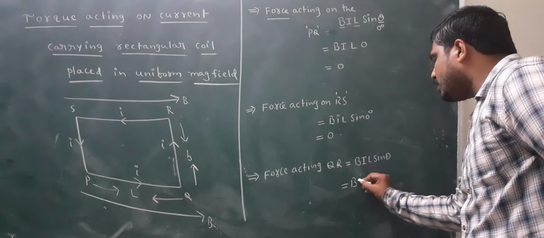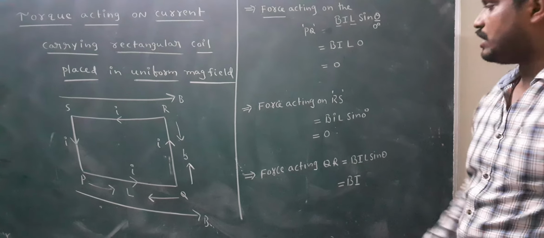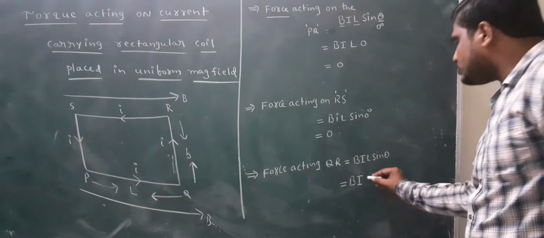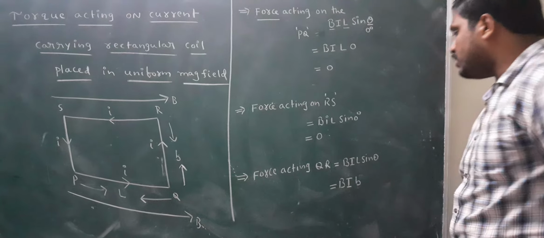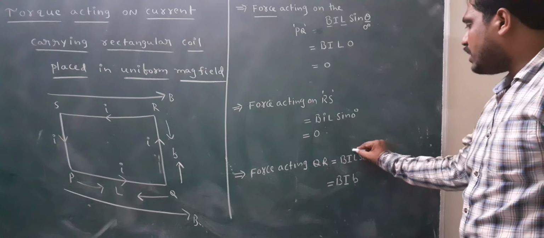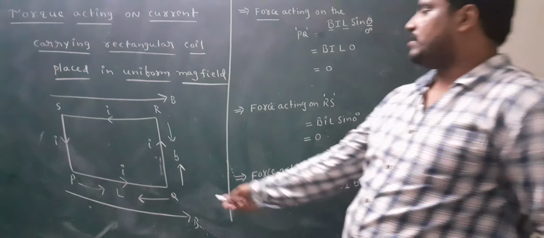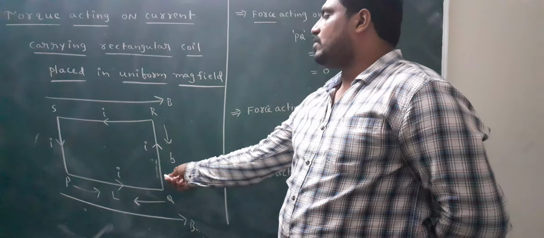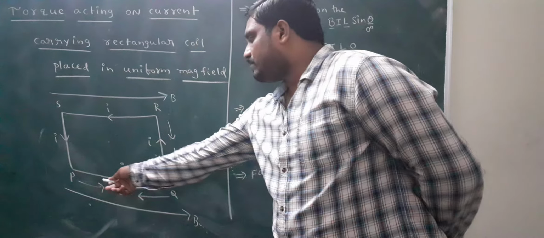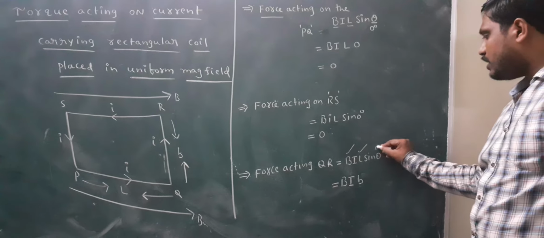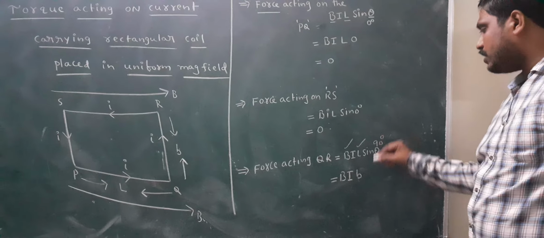Here B, I, and the length of QR is B, so L is written as B. Here theta is the angle between length and magnetic field. Length acts along the y-axis, field along the x-axis, both are mutually perpendicular.